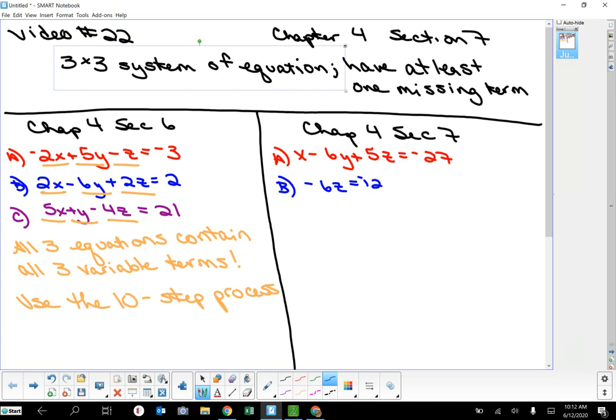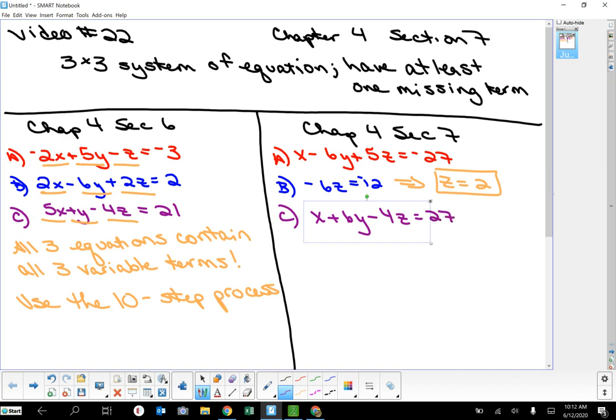And so you can see right there that if you divide both of these by negative 6, z is equal to 2, right? Right off the bat, you already know one of these values. So these should be easier, I think. And equation C is x plus 6y minus 4z equals a positive 27.